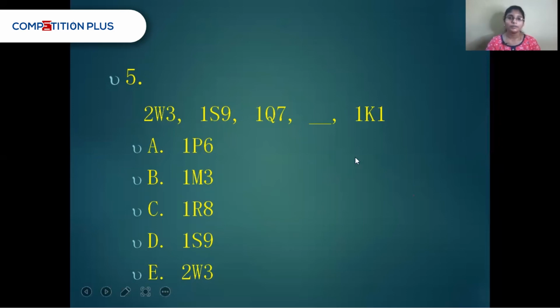Here you have one letter and two numbers. It would be easy if I find the logic of the letters first. It is W, S, Q, the missing term, and K.